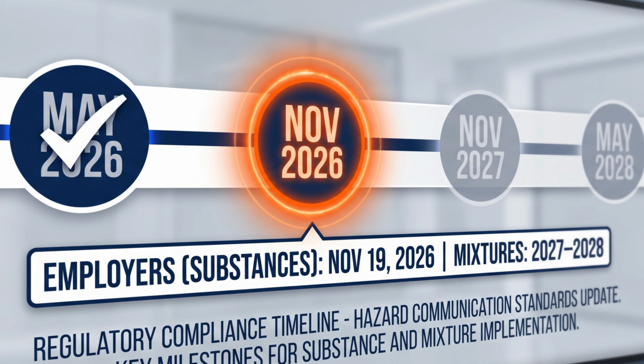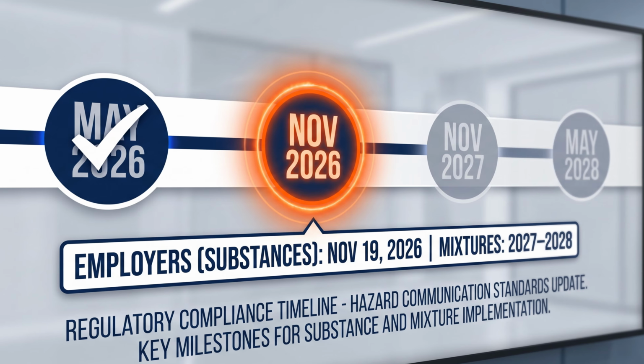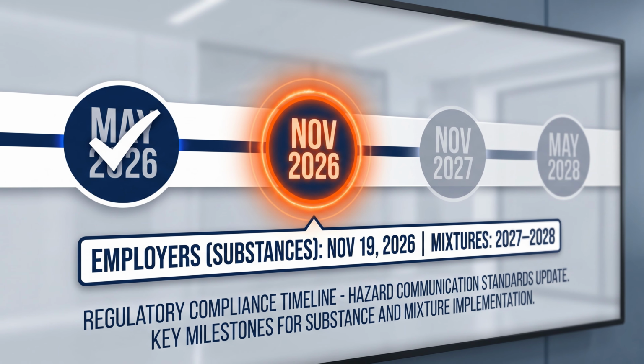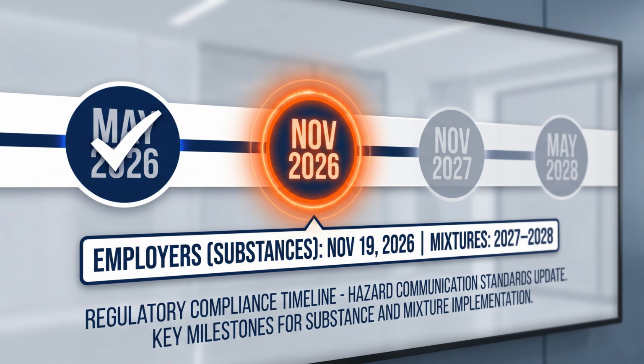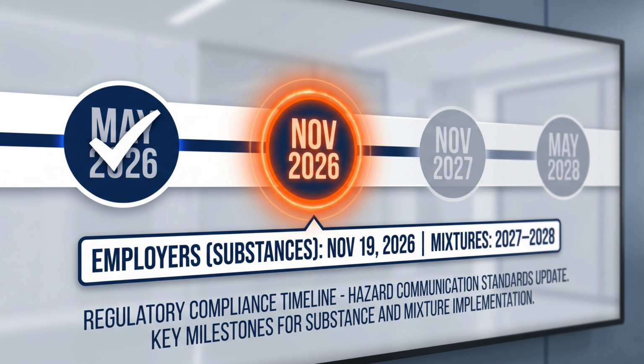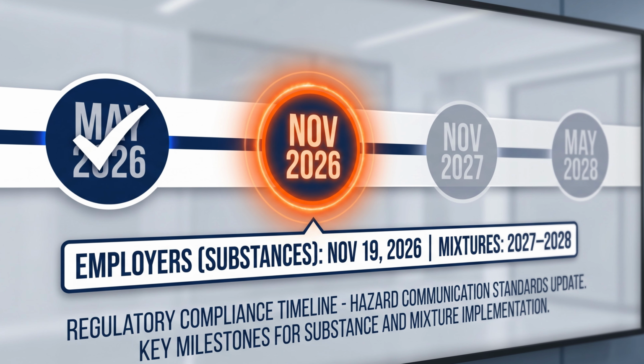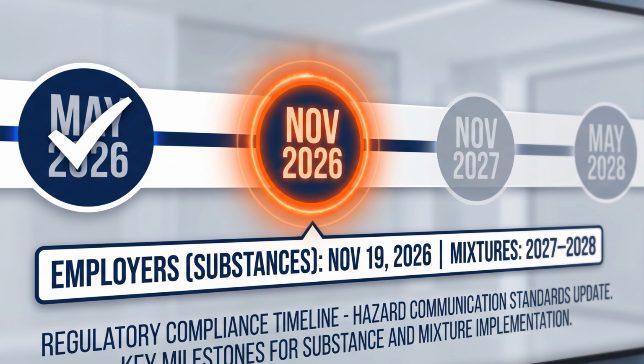For employers like your facility, updated labels, SDS access, and HazCom training tied to substances are due by November 19, 2026. Mixture deadlines follow later, November 19, 2027 for manufacturers of mixtures, and May 19, 2028 for employers using those mixtures.